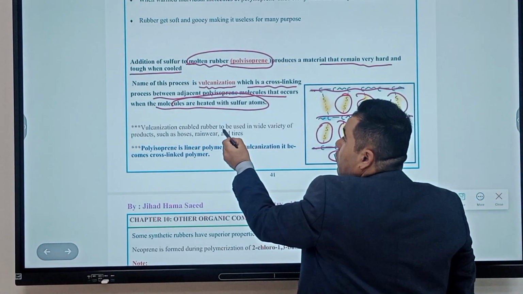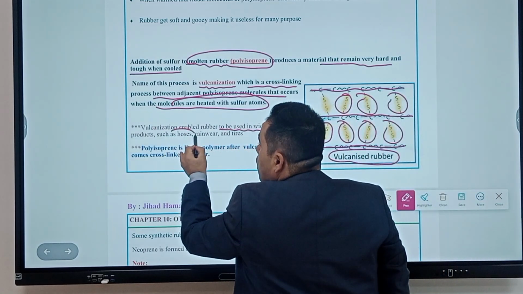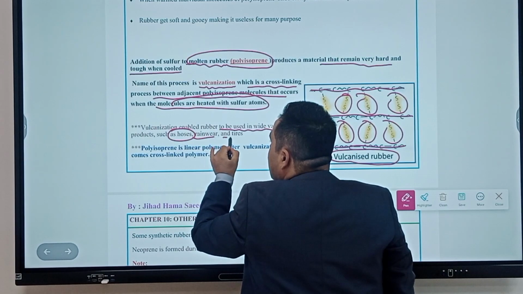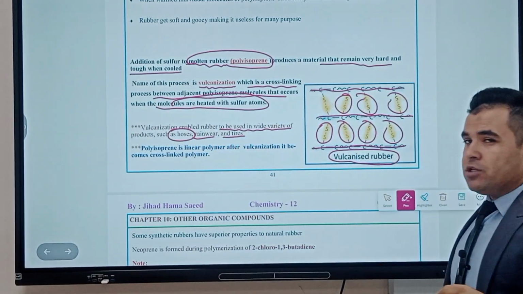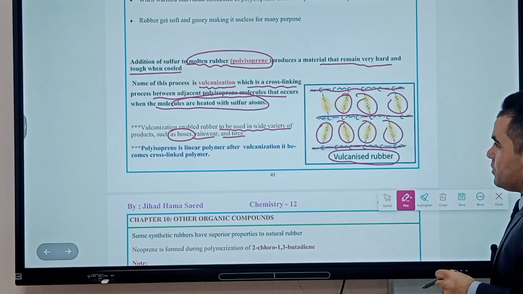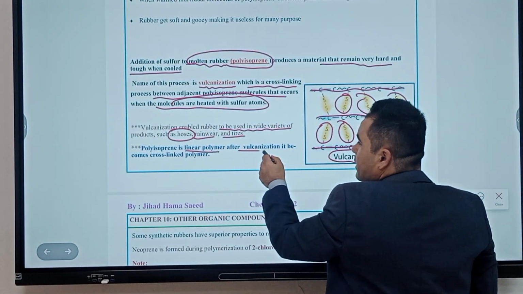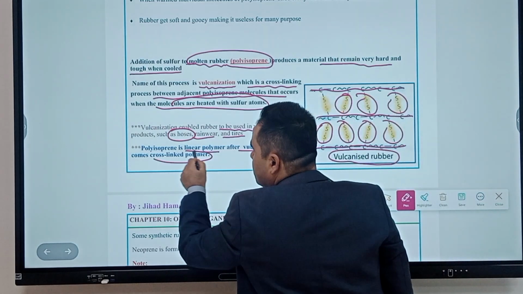Vulcanization enables rubber to be used in a wide variety of products such as hoses, rainwear, and tire production in automobile industrial applications. Polyisoprene is a linear polymer. After vulcanization, it becomes a cross-linked polymer.